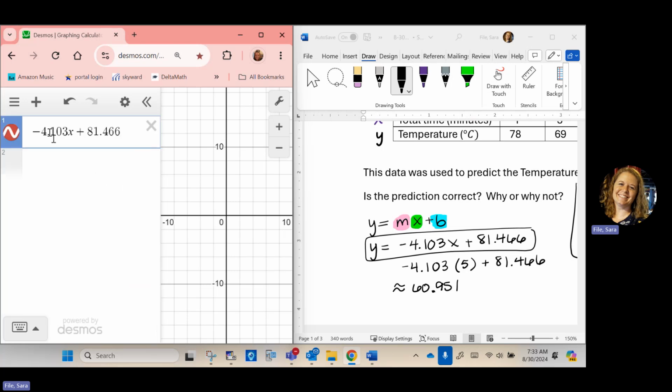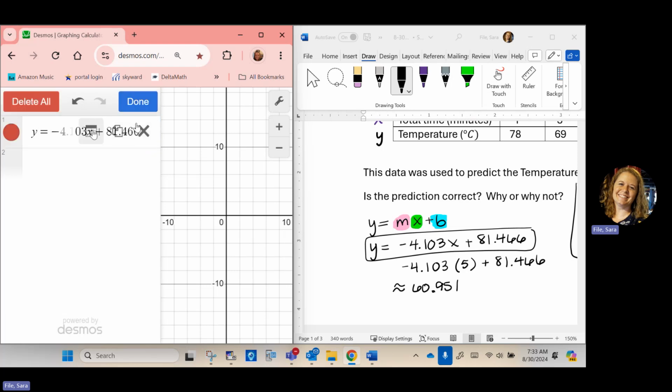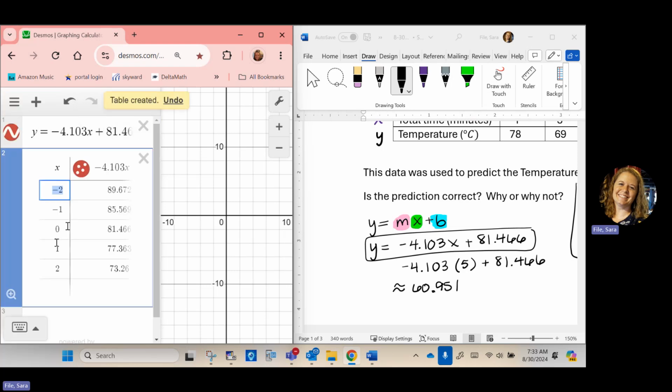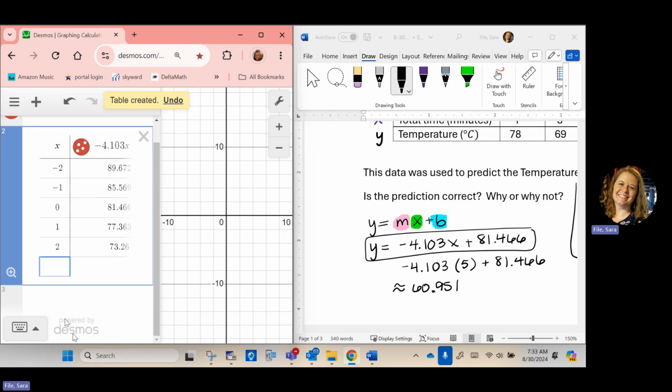Write your equation like this, y equals mx plus b, and then make a table from that, because then you can just type in whatever you want the prediction of. When x is 5, boom, 60.951. If they asked you to predict at 10 minutes, boom, you've got your prediction.